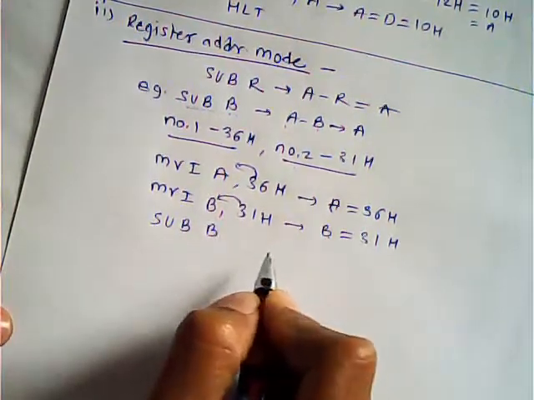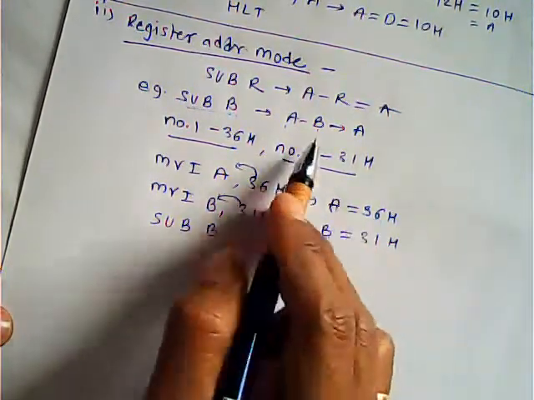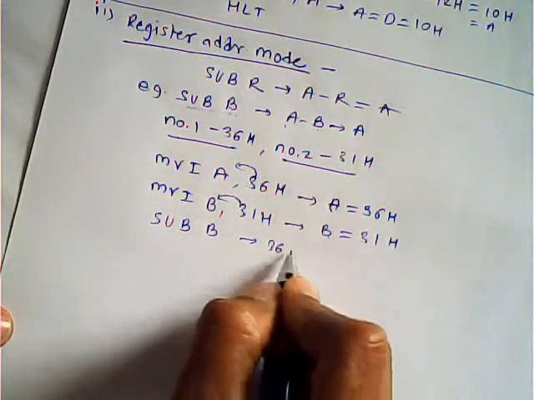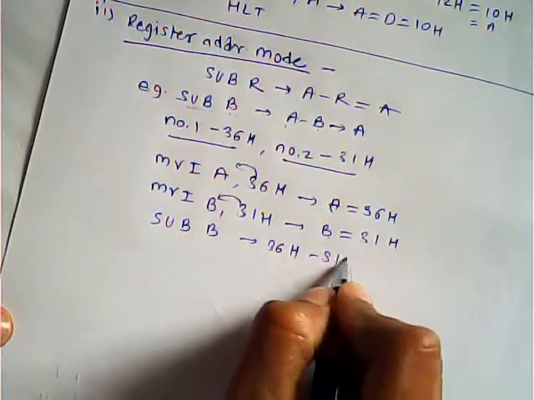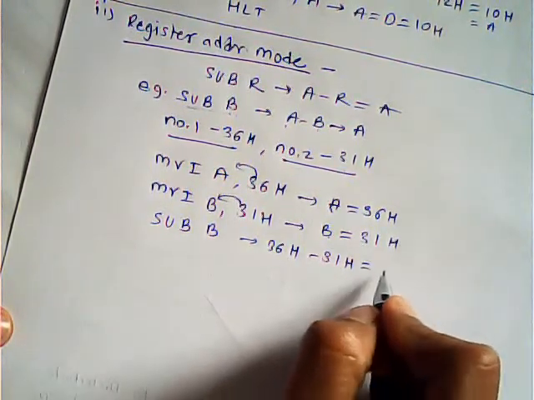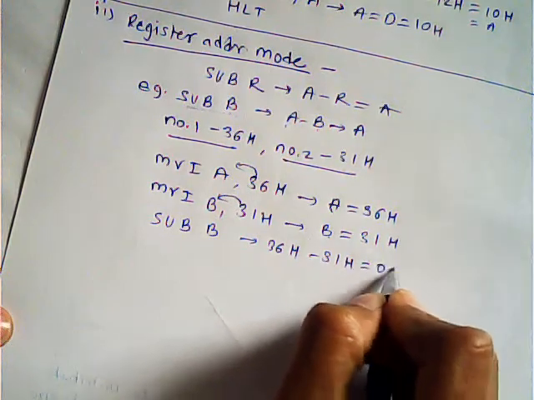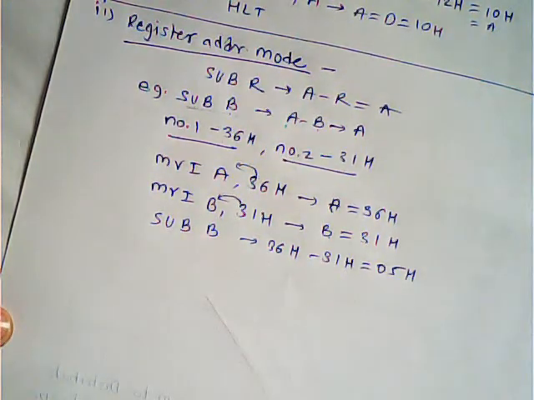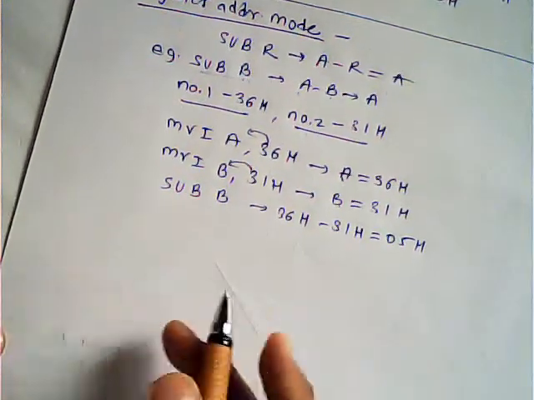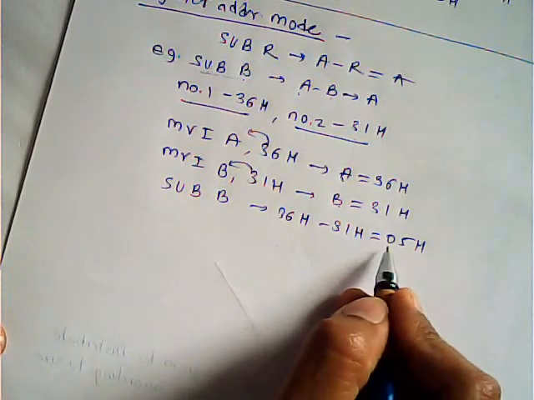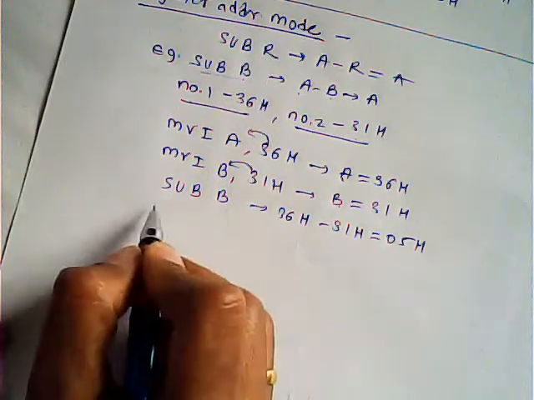So SUB B, A minus B, 36x minus 31x, and the result 05x you will get in the accumulator. This result 05x you can copy in another register.